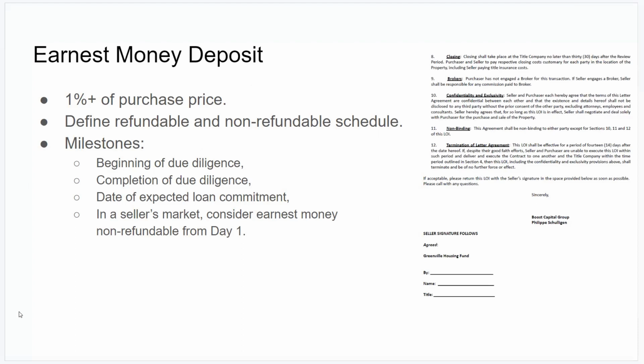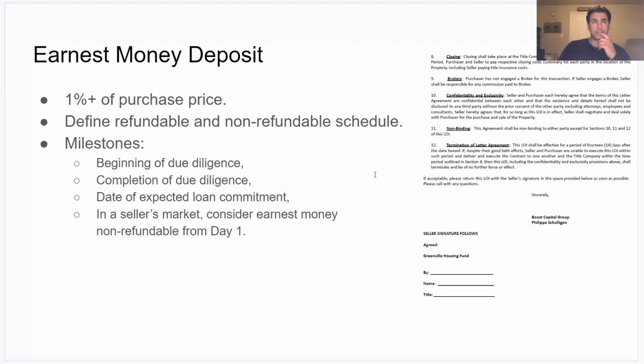Usually you would put some either at the beginning of due diligence or when the contract is signed. You may have non-refundable, you may have refundable earnest money. It could be 0.5%, for instance. And then looking at the milestones, when you complete the due diligence, that money becomes non-refundable, and now you're committing to the closing.